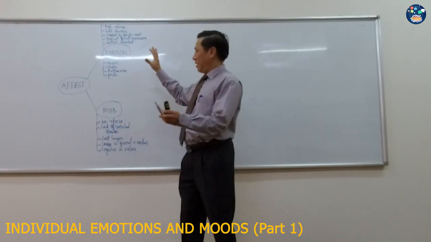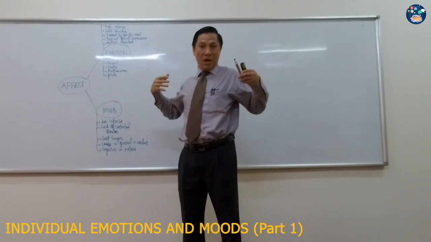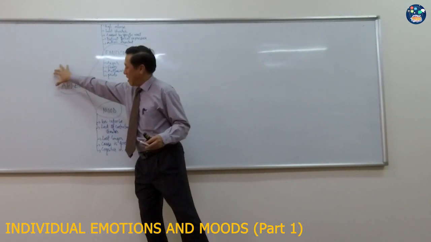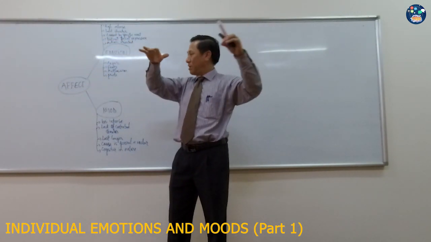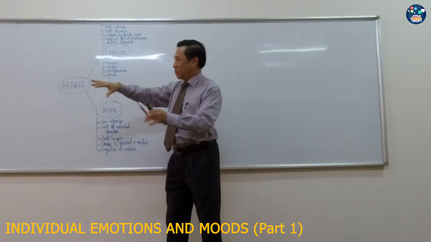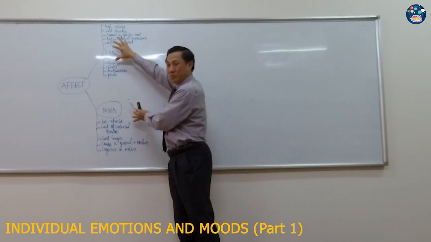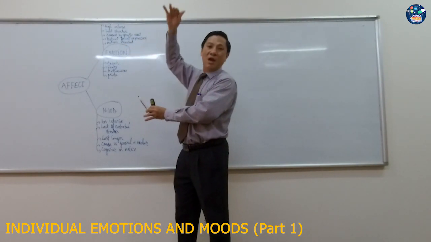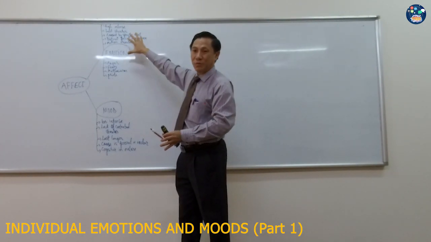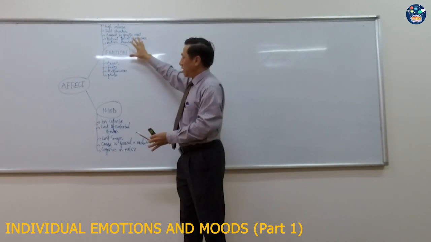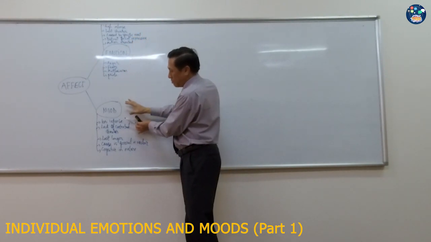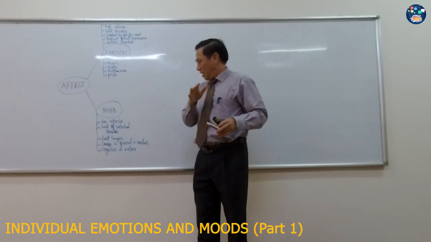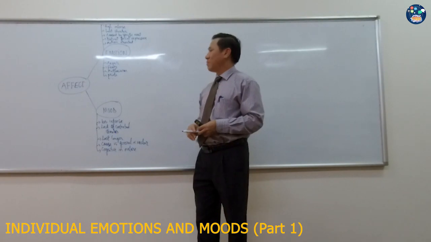Clear? So in order to analyze and understand your feelings, first you have a very general feeling, as an umbrella, we call affect. Below the umbrella there are two specific feelings. Emotion means high intensity of feeling that lasts shorter. And then mood is something that lasts longer and is less intense.